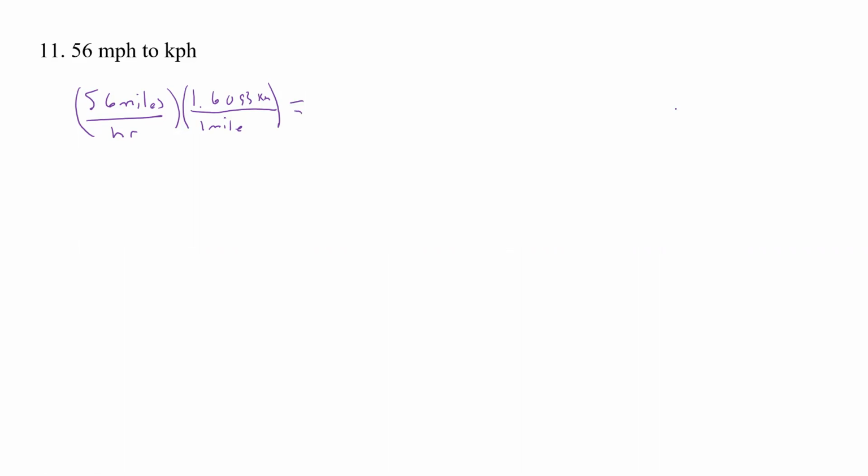So again, I'll put the larger one on top, 1.6093 times 56. So 6 times 3 is 18. That's 54, 55. That's 36. That's 9. Now we have 15. That's 45, 46. And that's 30, and that's 8.